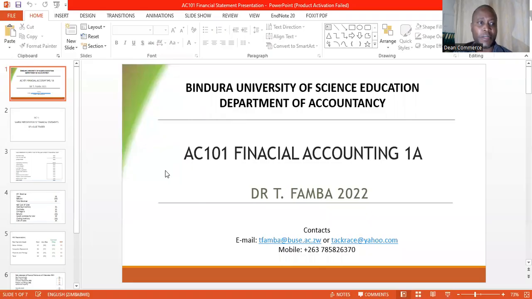Let me change and share this. Right. I'm sharing a slide here, which gives us a template of how we are going to present the financial statements, that is the profit or loss and other comprehensive income for a sole trader.